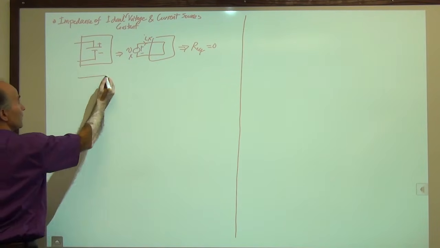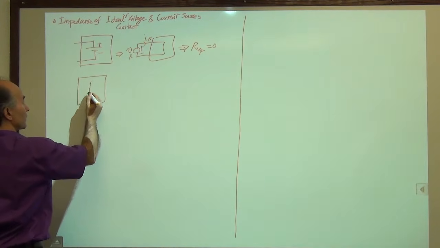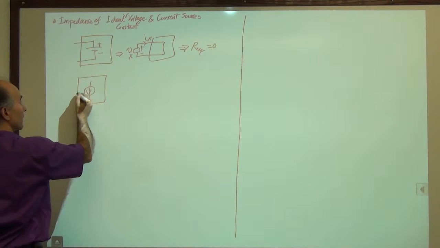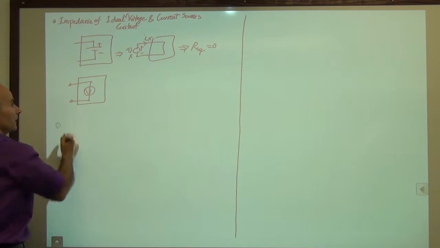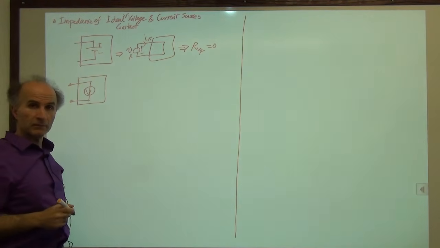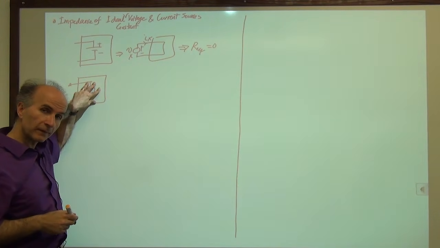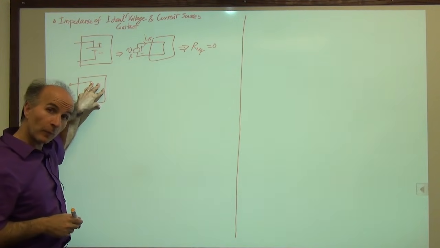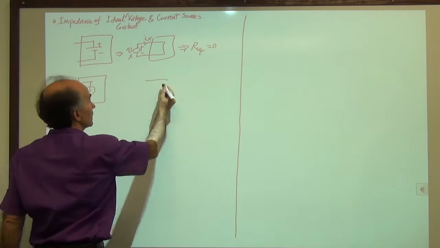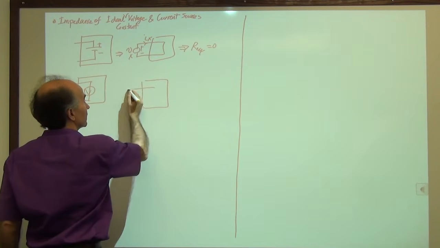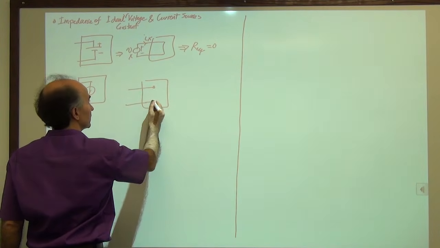Okay, how about a current source? So you buy a current source. Well, we can't really buy current sources, but let's say you have a constant current source and we'd like to find its impedance. So as usual, we set all independent sources to 0. When a constant current source is set to 0, it becomes an open circuit. So here's what we have, an open circuit.